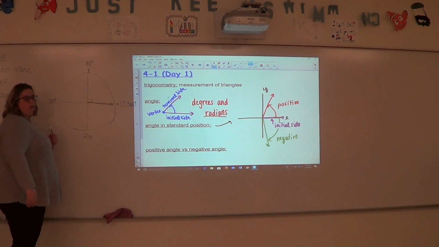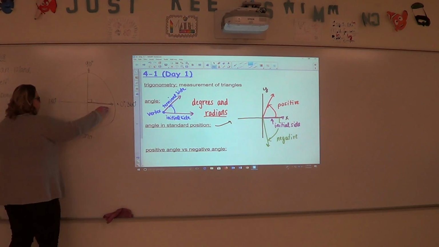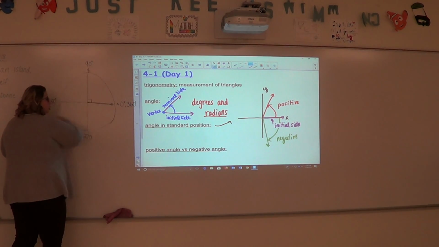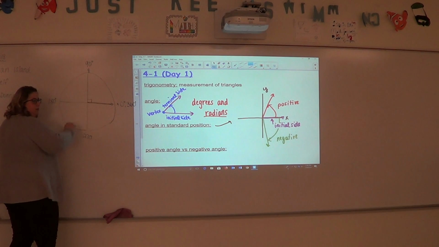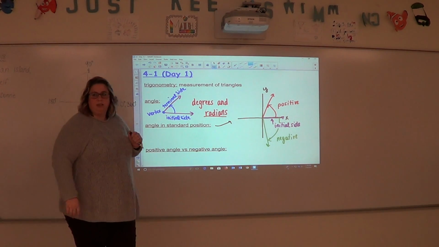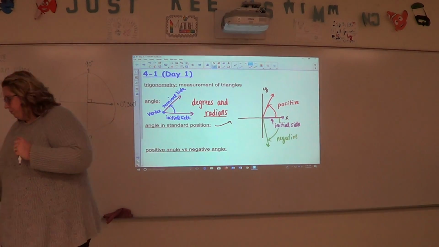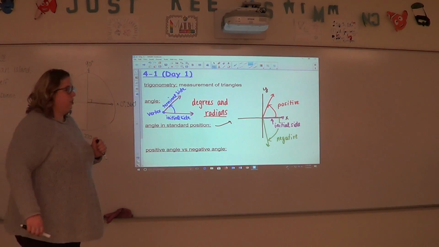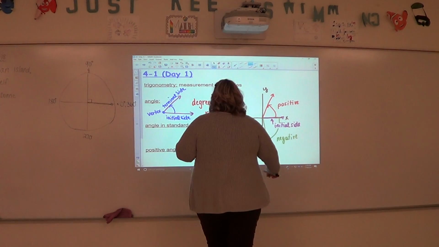Even if I said 720, it is still going to end right here. It's just 2 circles around. Are there any questions about positive versus negative?